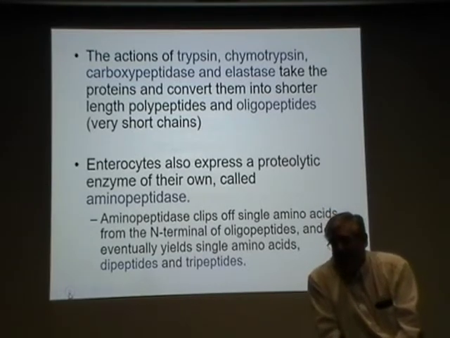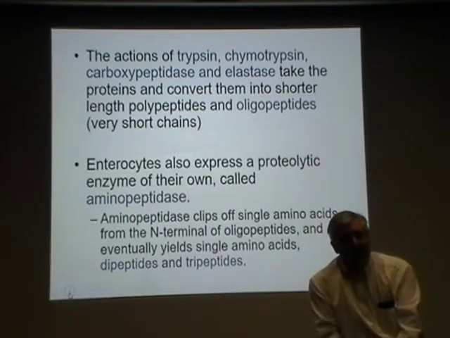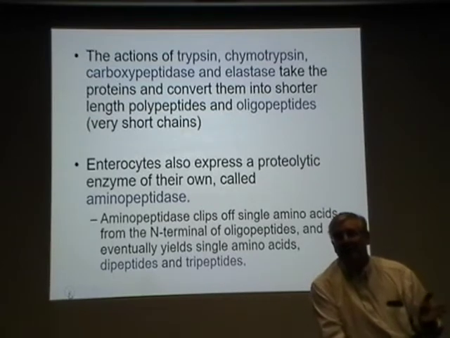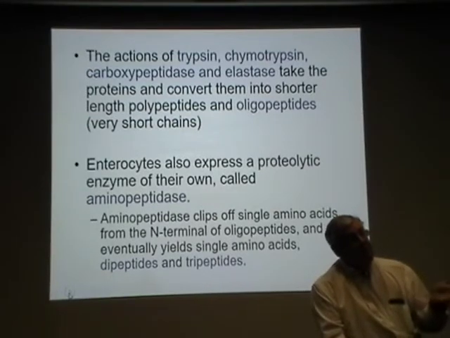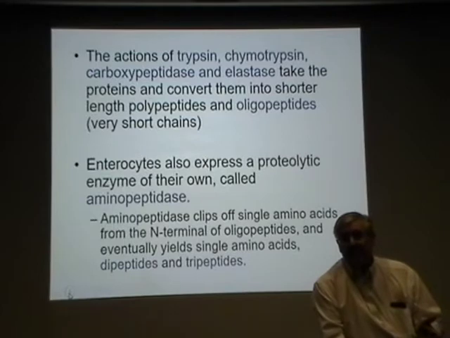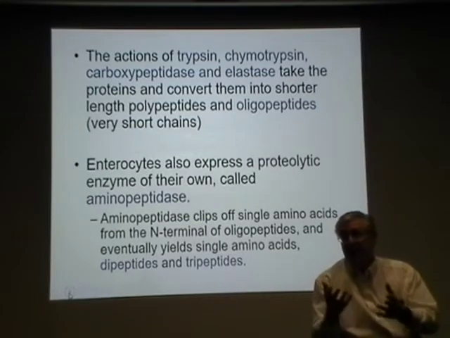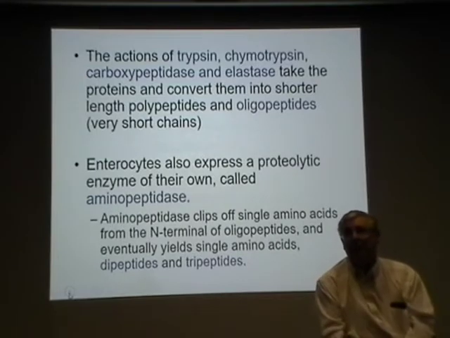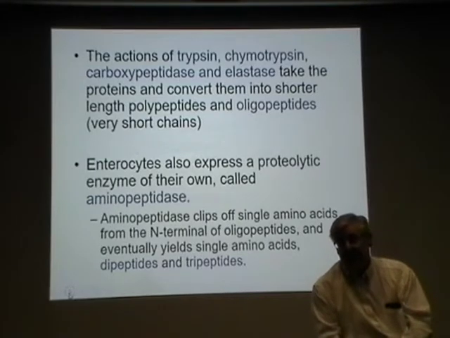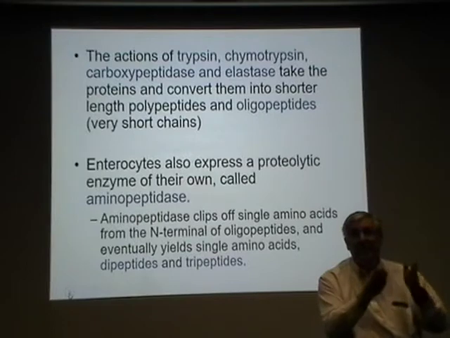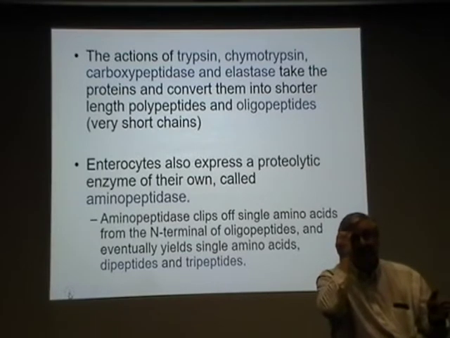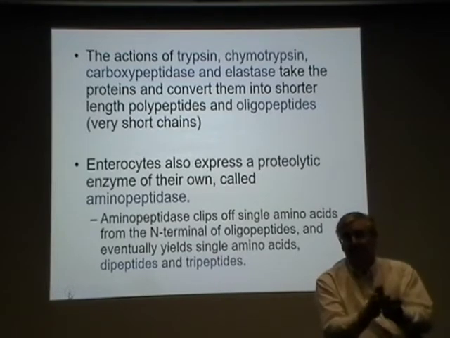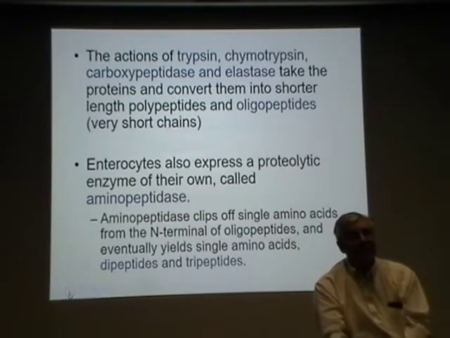So when the aminopeptidase gets done, what we have is a bunch of amino acids. Okay, that's the final product of a fully digested protein. But in addition, we have dipeptides and tripeptides. So 2 amino acids linked together, 3 amino acids linked together.